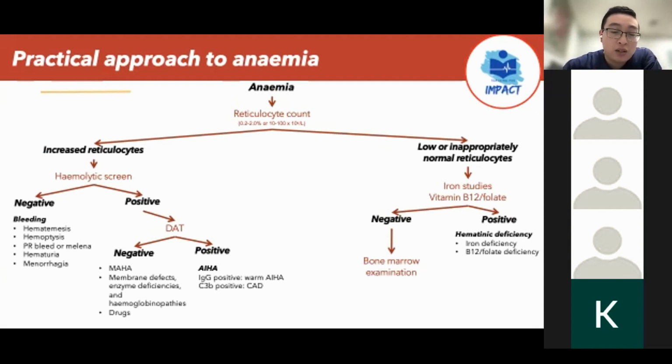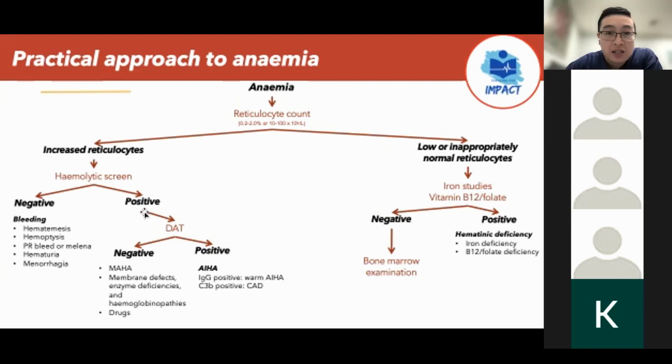The DAT distinguishes whether the patient has autoimmune hemolytic anemia or some non-immune mediated hemolytic anemia like MAHA. So it's not part of the series of tests that we do to determine whether a patient is hemolyzing. But once we know a patient is hemolyzing, we can order a DAT to distinguish between immune and non-immune mechanisms.